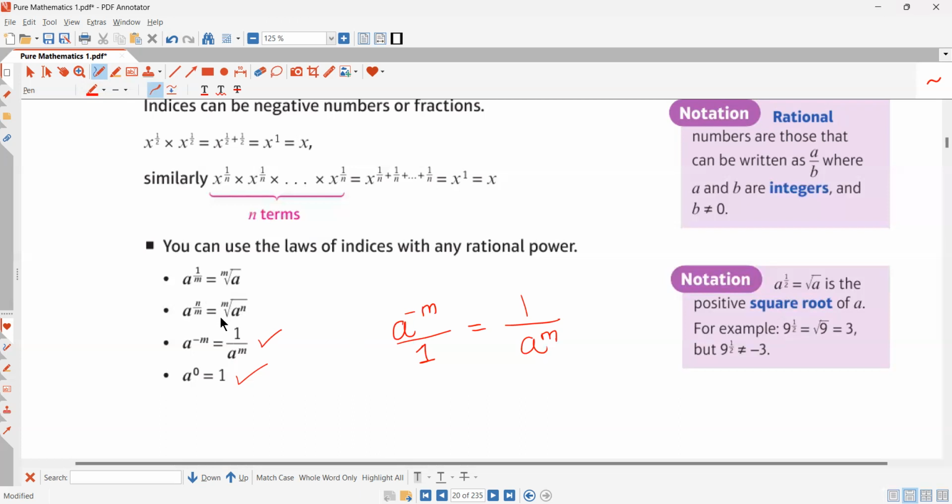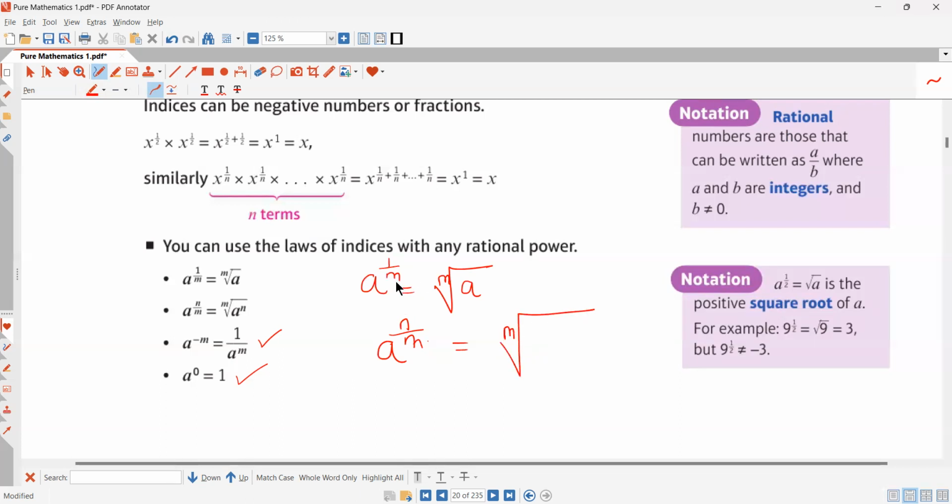Now this particular one we need to learn. What to do here? A raised to 1 by m can be written in the form of the m-th root of a. If they had said n by m, you would have written it as follows: the root of m will be as it is.